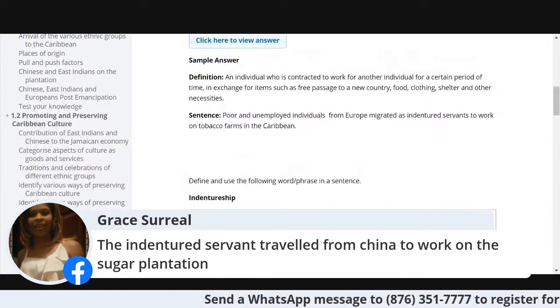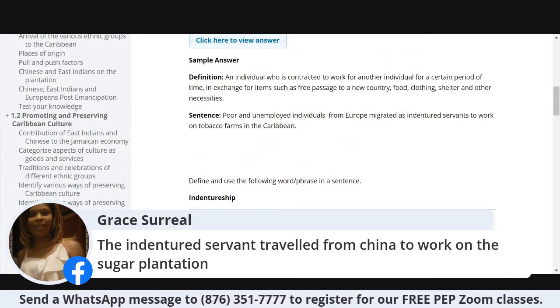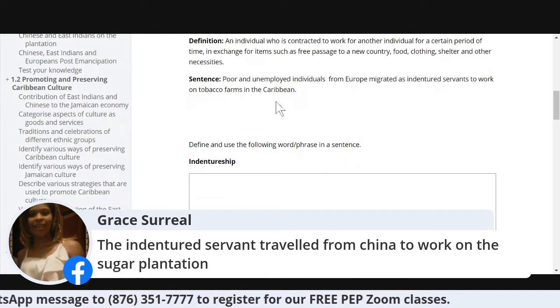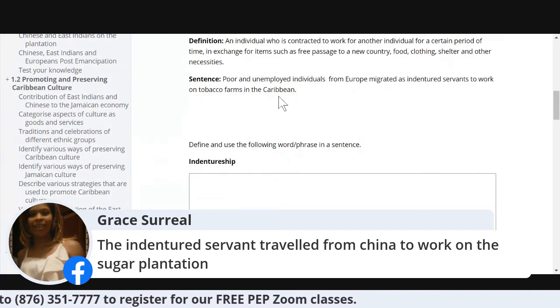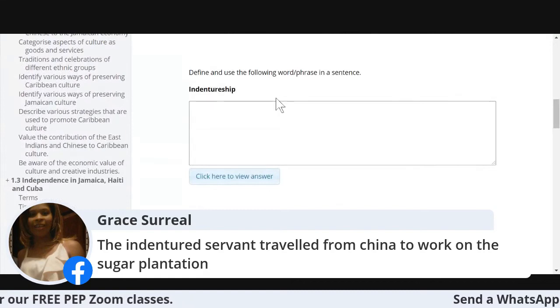And actually, I would want to say from Asia, as indentured servants to work on the tobacco farms in the Caribbean, to make it factual, okay?